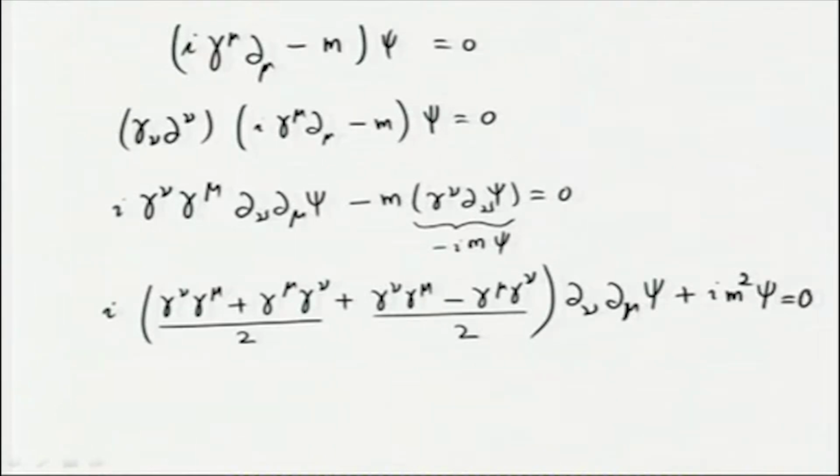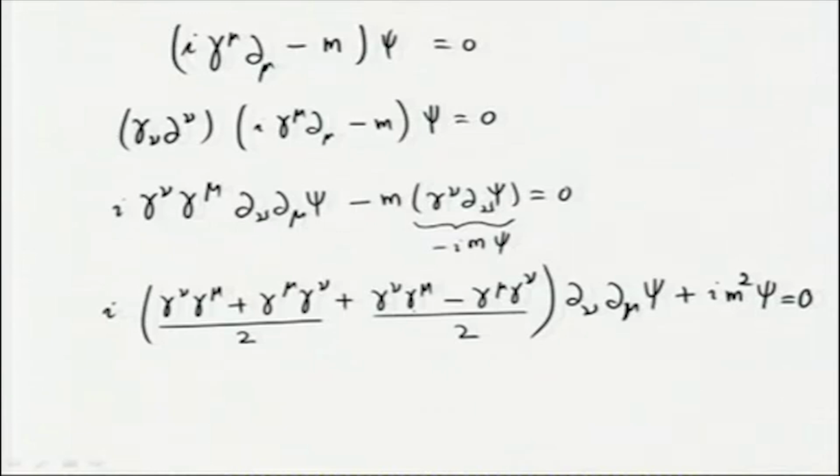So, let us look at the first term. It has two parts. One is symmetric under the exchange of μ and ν. The first term, γ^ν γ^μ plus γ^μ γ^ν, is symmetric under the exchange of μ and ν. If I change μ to ν, the first term becomes the second term and the second term becomes the first term.